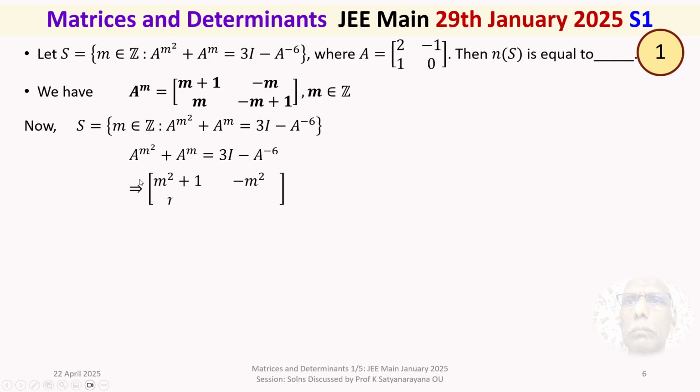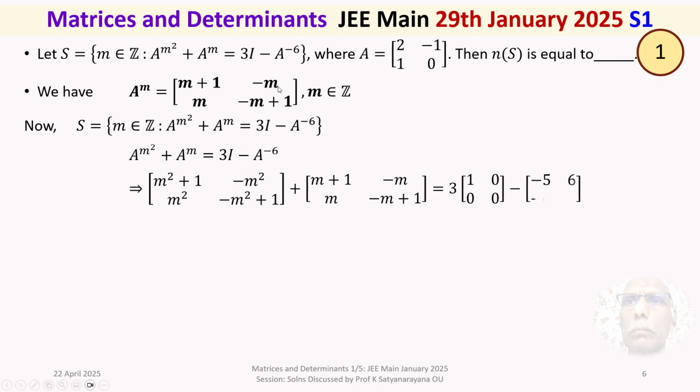This will imply A power M square, wherever there is M you write M square, written here, plus A power M, for M belongs to Z, is this one, and 3 times identity, minus A power minus 6 is minus 5, 6, minus 6, 7.